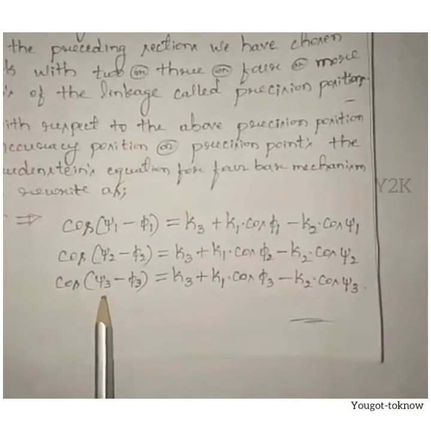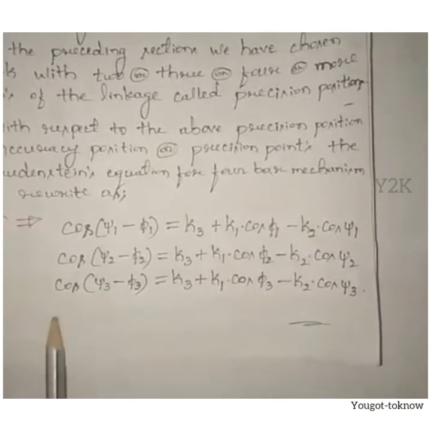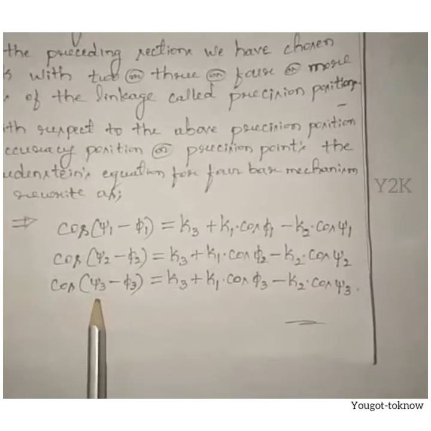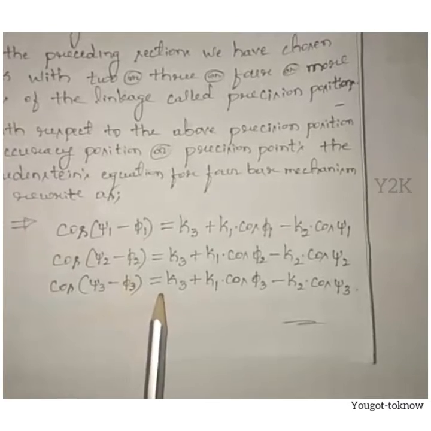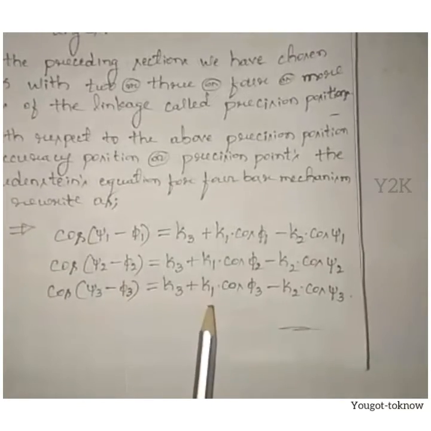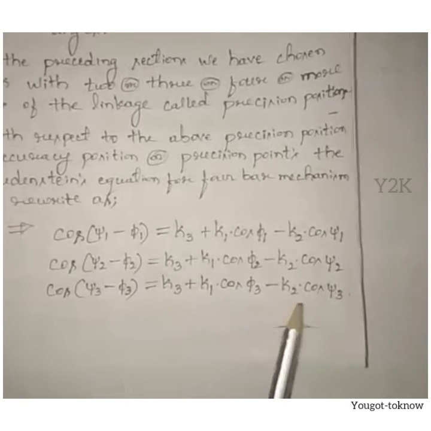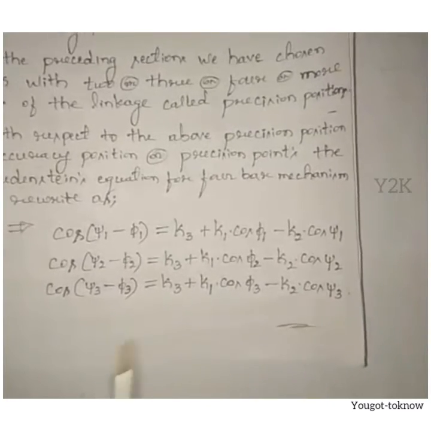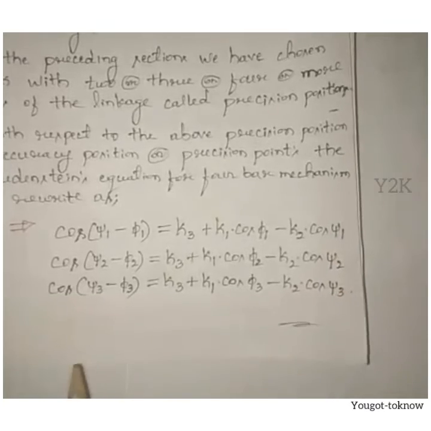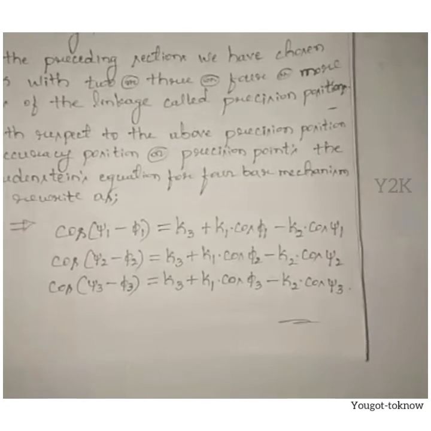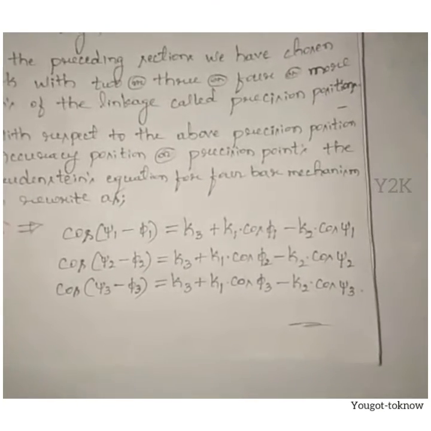With respect to Xi3 and Phi3, cos of Xi3 minus Phi3 equals K3 plus K1 into cos Phi3 minus K2 into cos Xi3. Using these equations, we can determine the lengths of the links in the given problem.